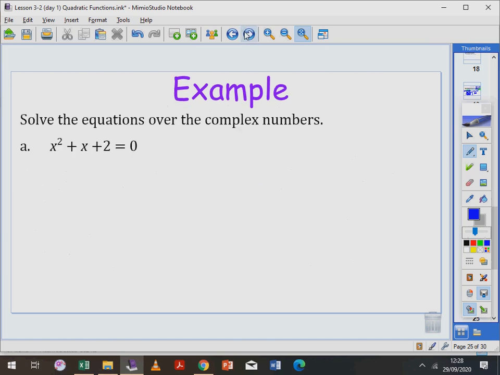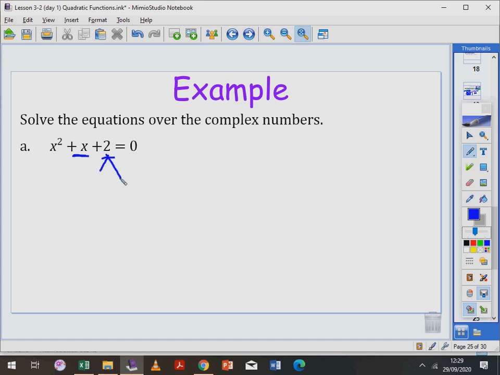Solve the equation over the complex numbers. So if I want to solve this equation, I can use the quadratic formula, I can use completing the square, I can use anything that I want really. One thing I can't use is factorization, because there are no numbers that you multiply to get 2 and add to get 1. There are no factors of 2.